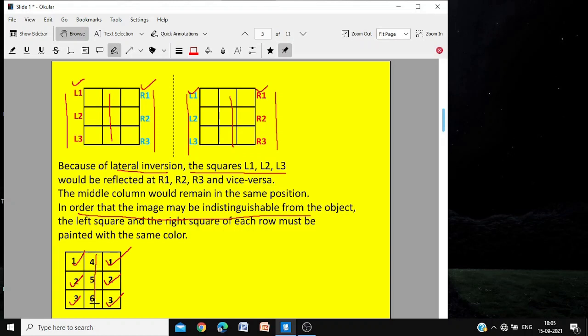So because of lateral inversion, both 1s should have the same color. Both 2s, on the left side and on the right side, must have the same color. 3, 3 must have the same color. And 4, 5, 6, the middle column, can be of any color.